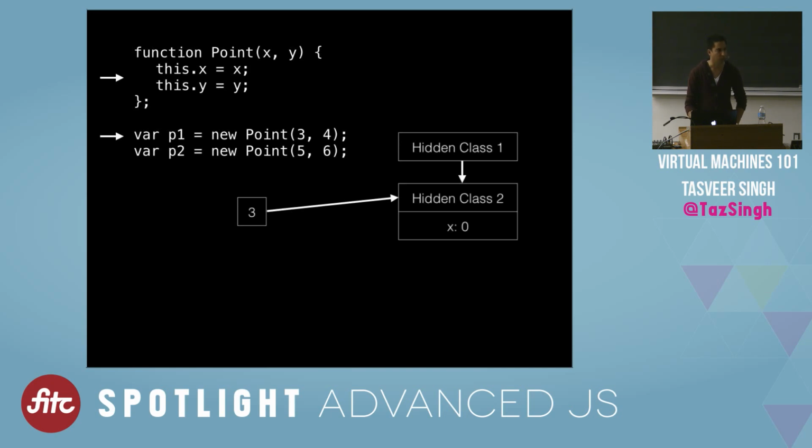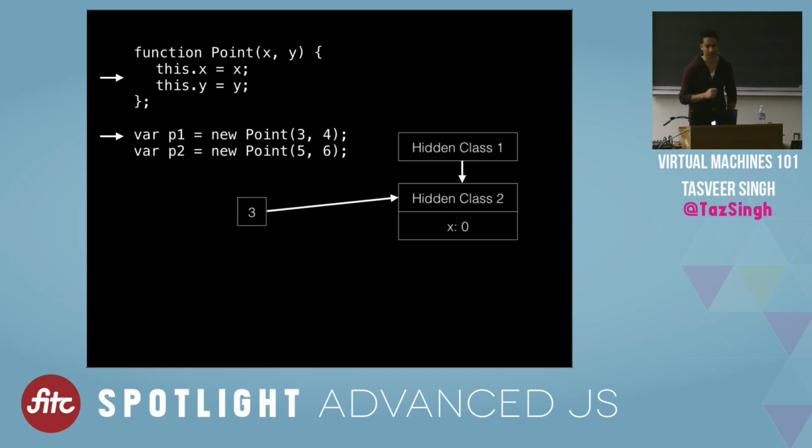Next, we're going to assign the X property to it. This actually creates a whole new hidden class. So we've gone through the overhead of creating a hidden class in the first place, and now we go through the overhead of creating another one. We're going to map the X property to array offset 0 on our instance, and we see that at array offset 0 we have the value of 3.